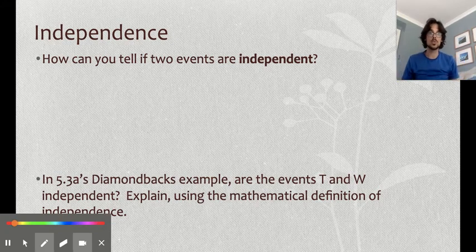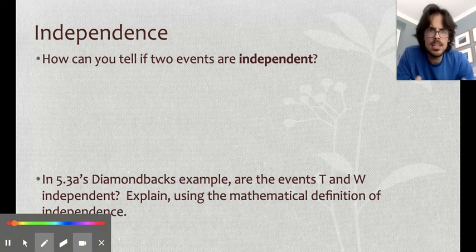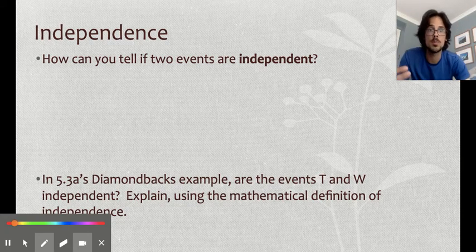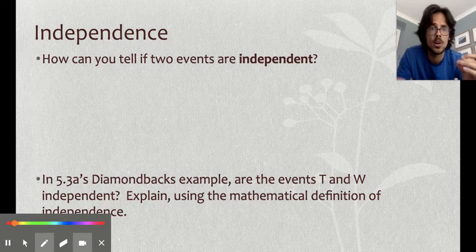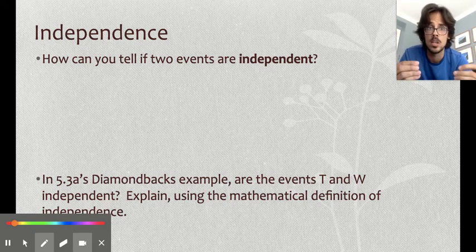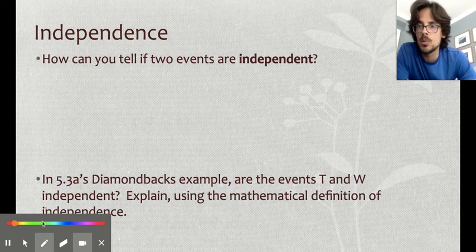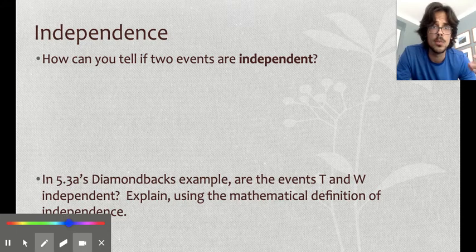Where would we have heard this word before? It was back in chapter 1, when we talked about the idea of a conditional distribution, where we were looking for whether one variable had an association with another. We said that two variables have an association if knowing the value of one variable gives us information about another.